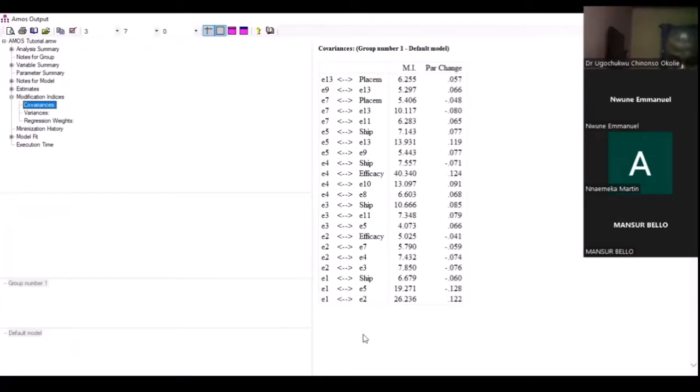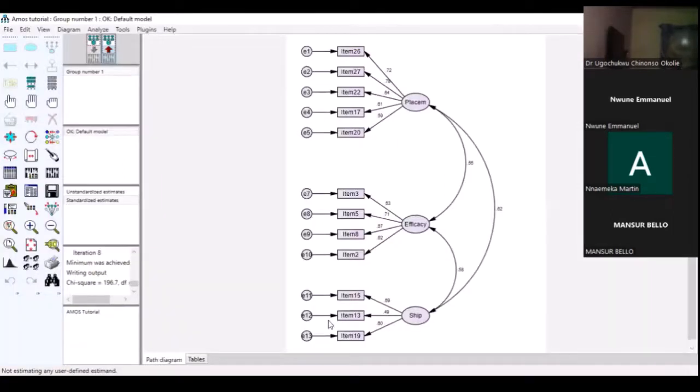But there is something I need to tell you about error terms. We have to check whether error terms 1 and 2 are in the same factor. You can see this is error 1 and this is error 2, so they are in the same factor, and we can covary them.